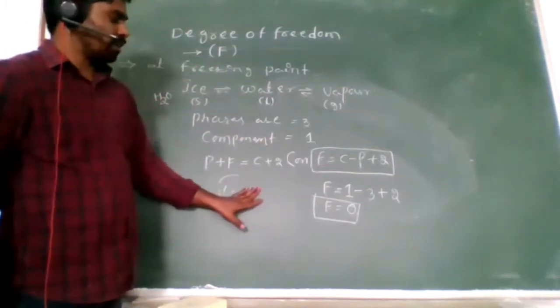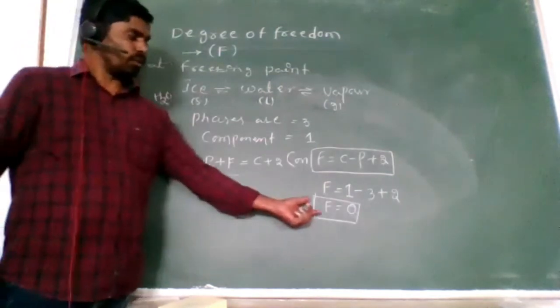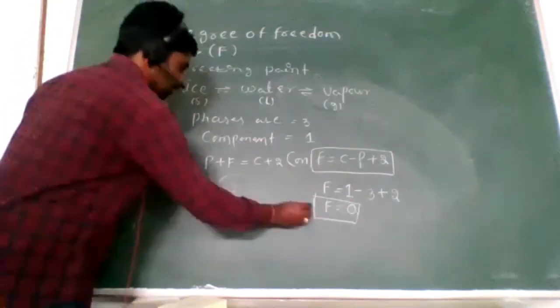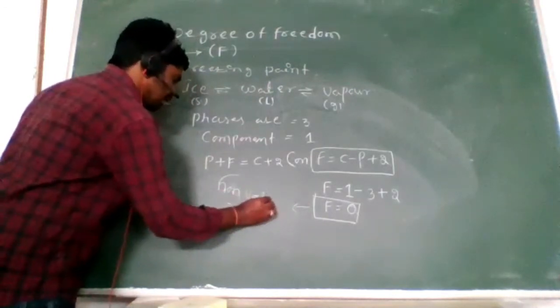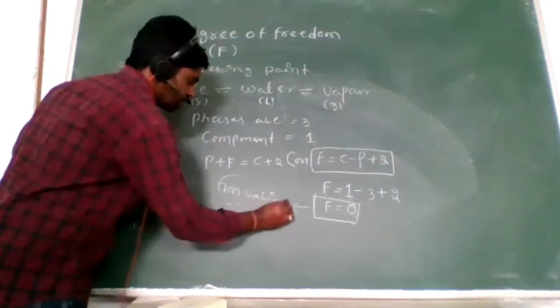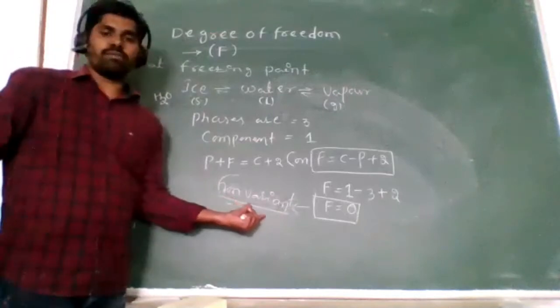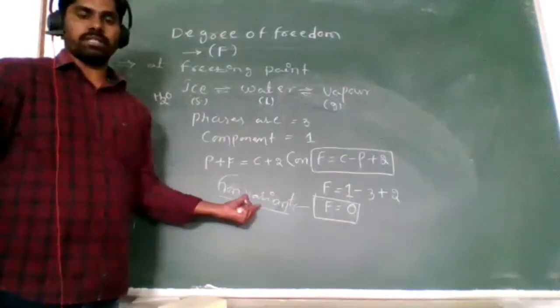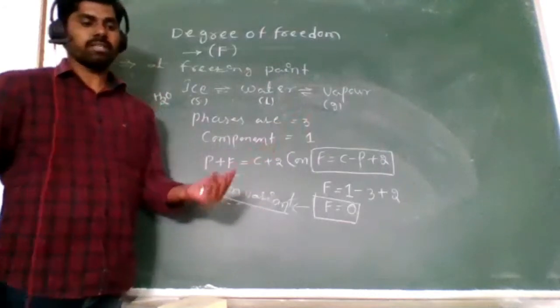So that is F equal to 0. F equal to 0 means non-variant. Non-variant means here is no need for the pressure and temperature to define the system. Clear?